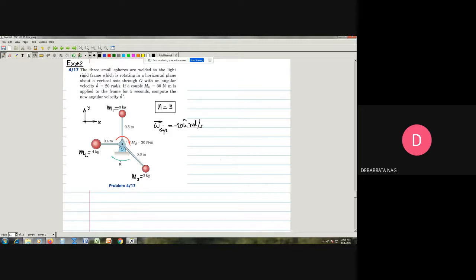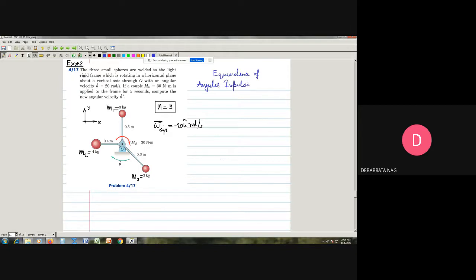Note that the couple is given as constant and is applied for certain seconds, and we need to find the angular velocity. So ideally, this problem falls under the category of the principle of equivalence of angular impulse and angular momentum.